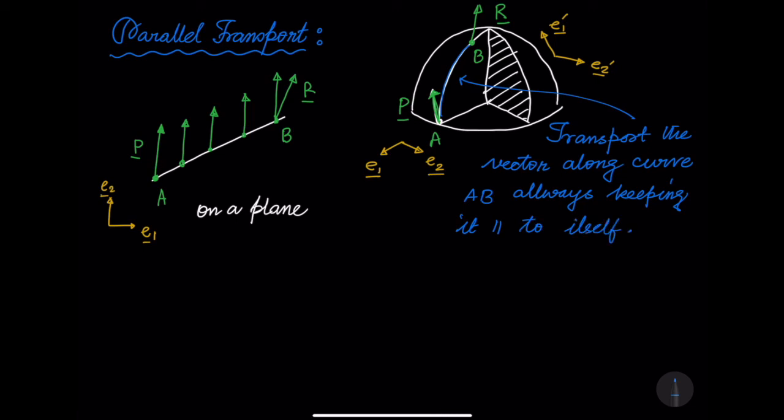The question is, how do I do this? How do I know that the vector is staying parallel to itself?